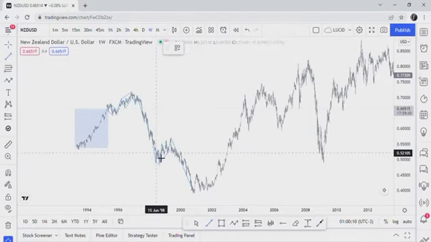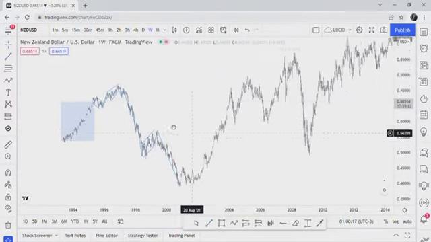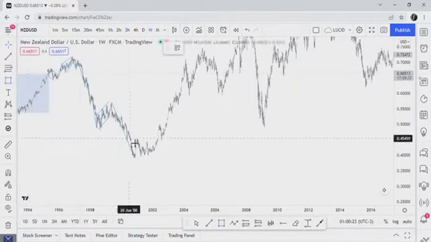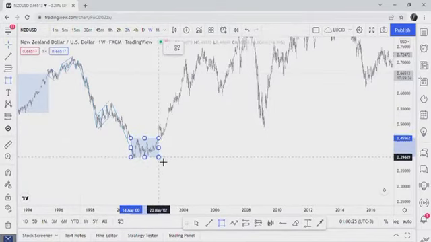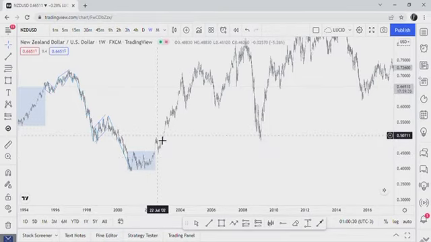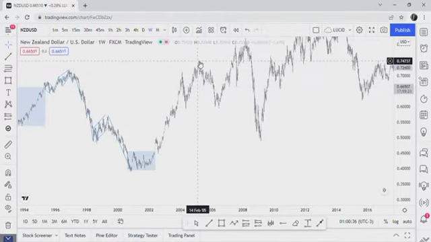was a correction for this whole impulsive leg, which then pushed price down, did a little sideways correction, pushed to the upside, impulse pullback, impulse pullback, impulse correction to the upside, drop, impulse pullback, impulse.